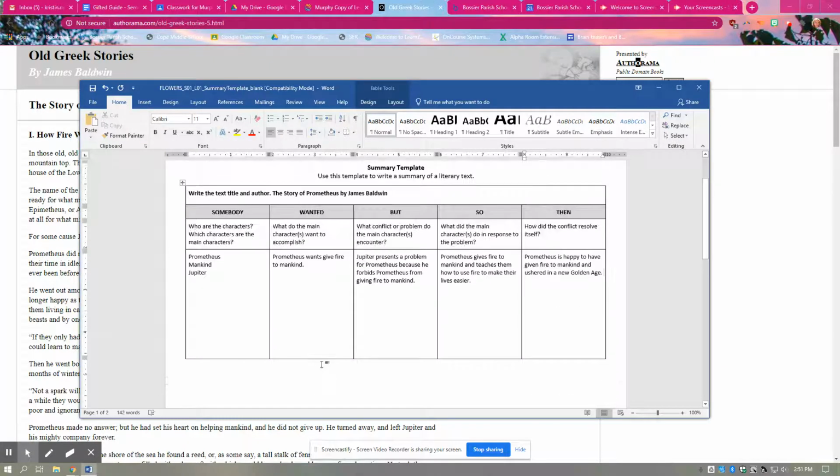Now remember, a summary is supposed to be shorter than the original text. Try to make your summary about 5 or 6 sentences total. That's all we're looking for. And you'll write that in your student materials handbook. And then I'm going to put a place for you to type your summary into Google Classroom.